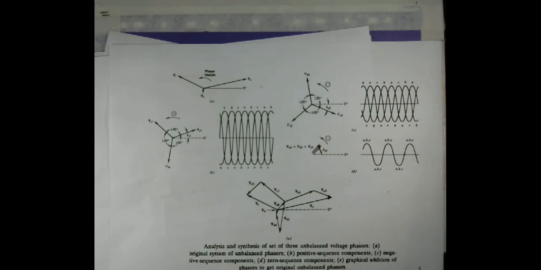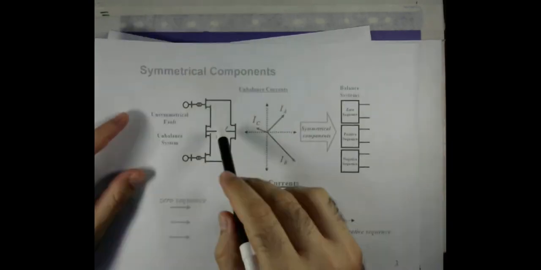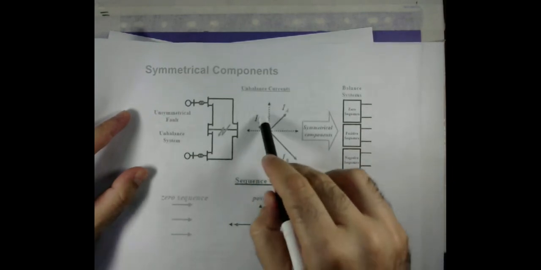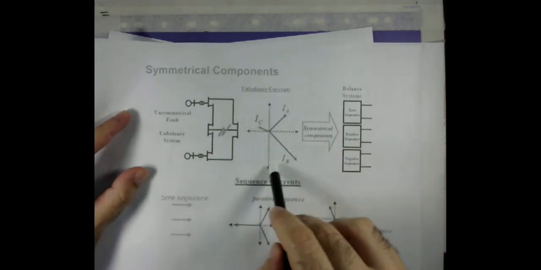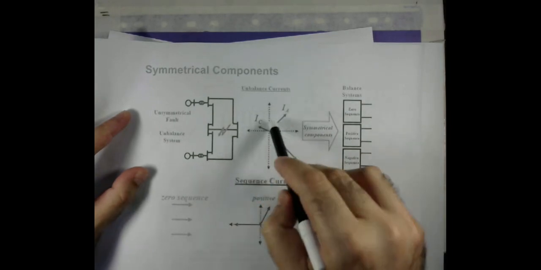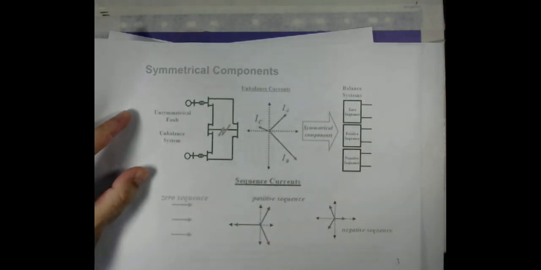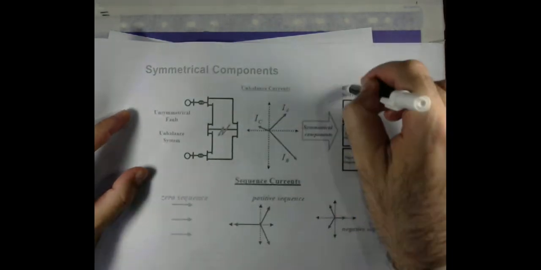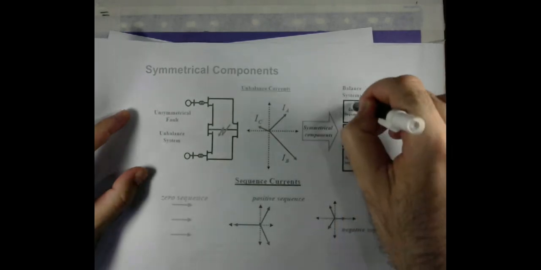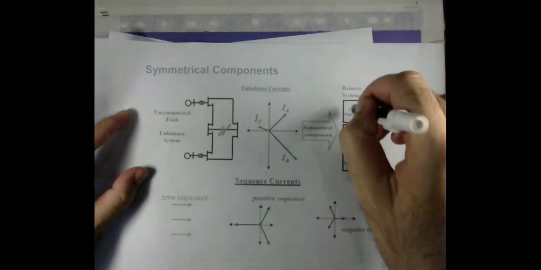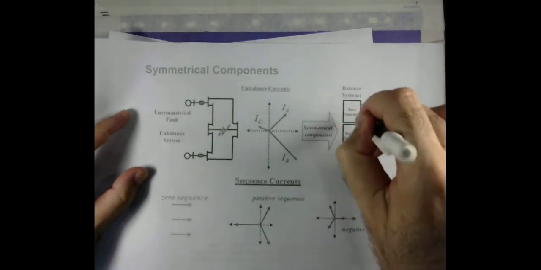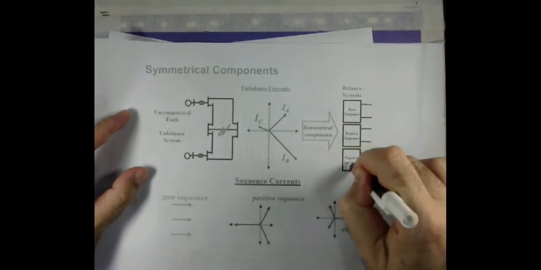We discussed that if an unbalanced fault appears, then the phase quantities may have different magnitudes. As one can see, it's not a balanced system anymore, as the magnitude of the current in each phase is different. But this unbalanced system, through the transformation we have discussed, can be converted into balanced systems, and as a result we get three sequence components: zero sequence component, positive sequence component and negative sequence component.